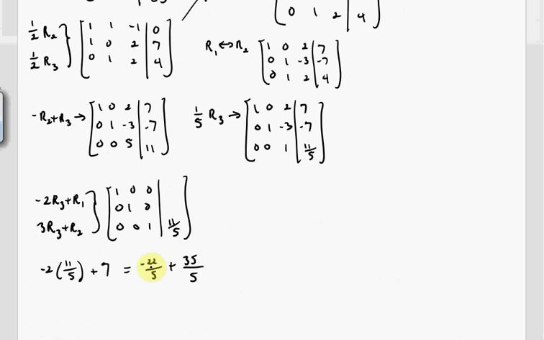And so that gives us 13 over 5. Now for the other one, it's 3 times 11 over 5 minus 7. So 3 times 11 over 5 minus 35 over 5. So this gives us positive 33 minus 35 all over 5. So we get negative 2 over 5.